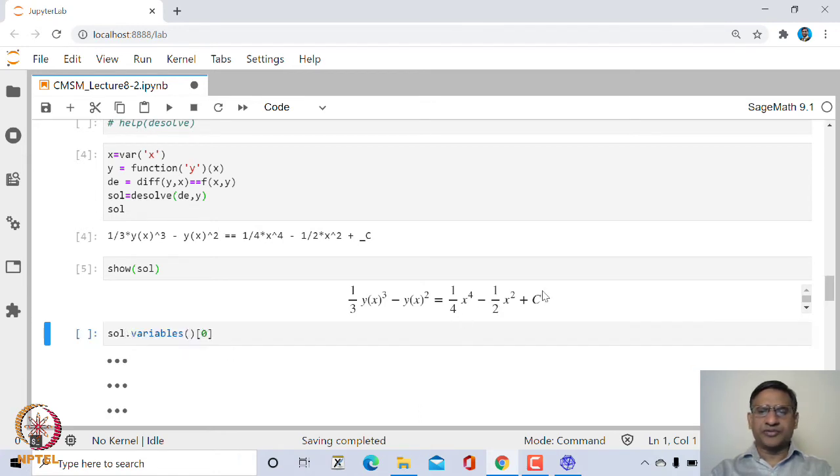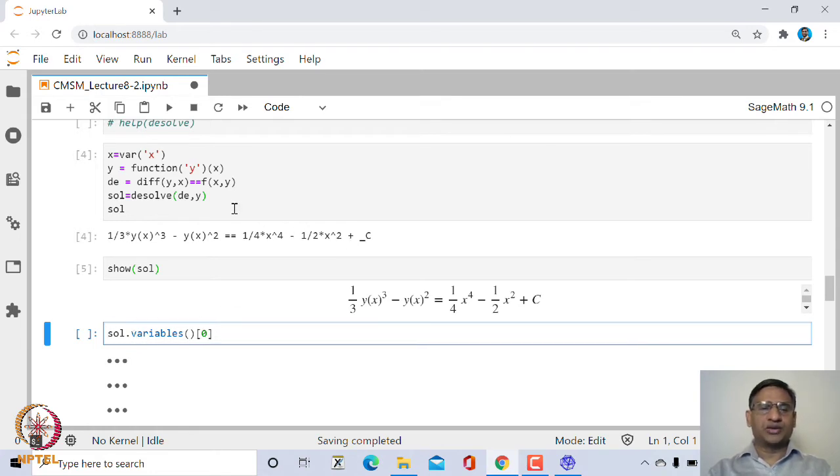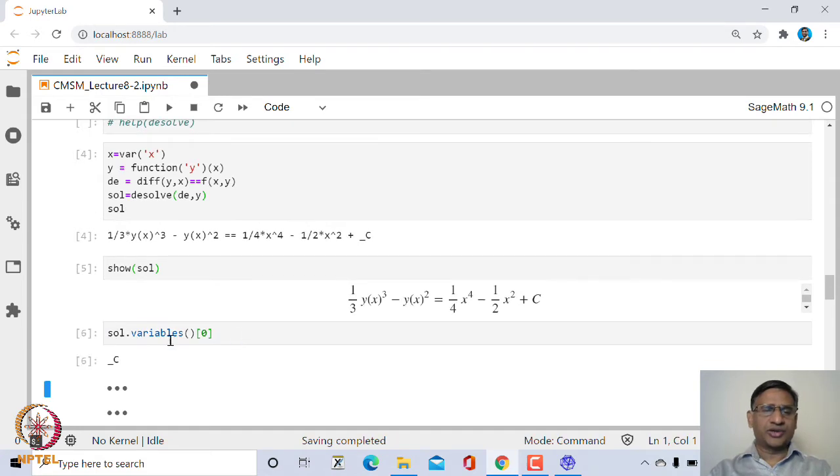This variable, underscore c, you can obtain by solution dot variables. It can have more than one variable, for example if I look at a second order differential equation, it may have two variables. So it says that this variable is underscore c.